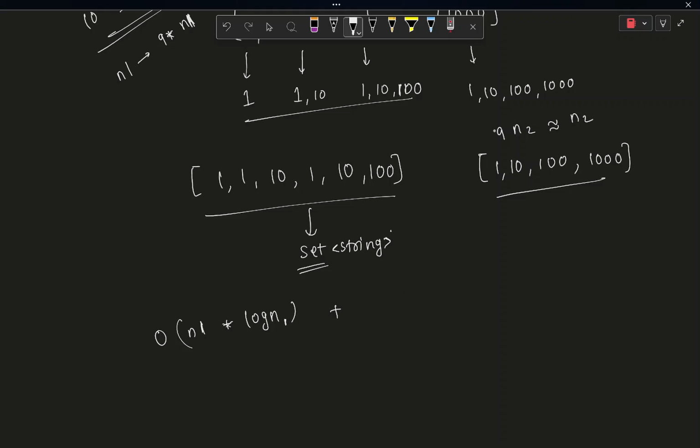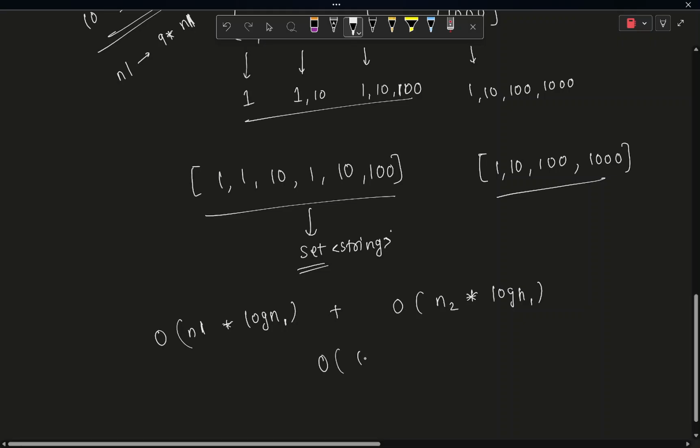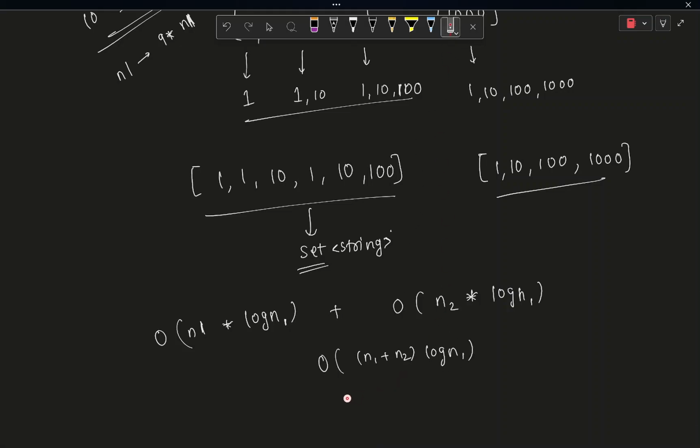We can just ignore the constant for finding the time complexity. Here you are having n2 elements, and every time you are searching in the set, which will take log n1 time, because the set has n1 elements. So this will be the time complexity, and it is nothing but big O of n1 plus n2 times log n1, and it will easily pass.